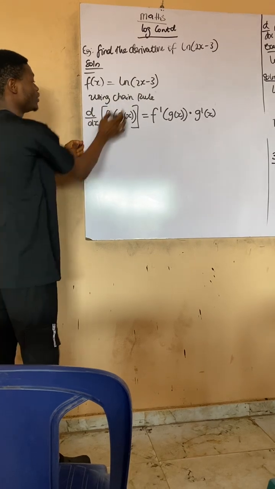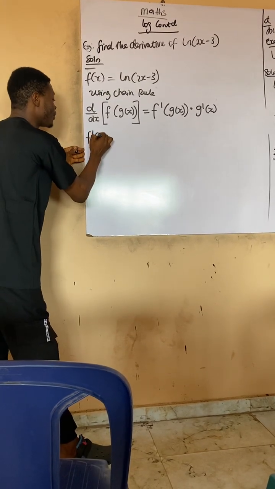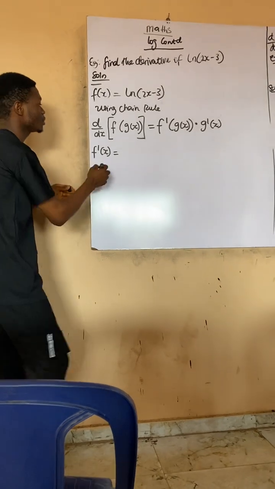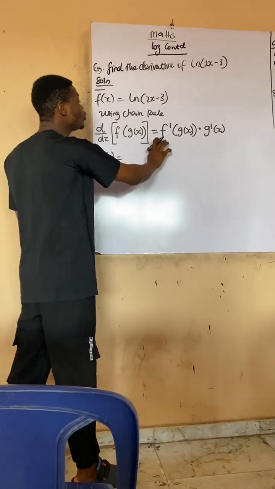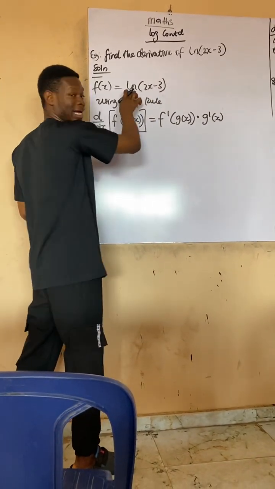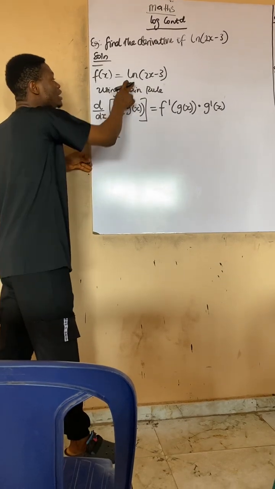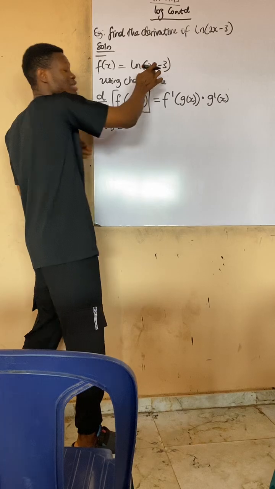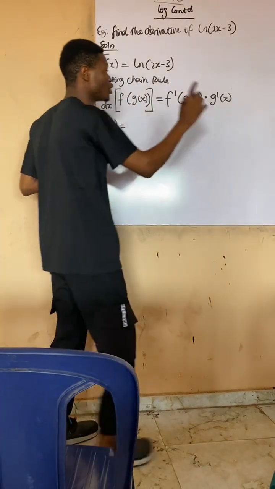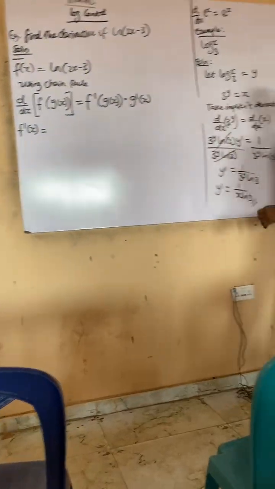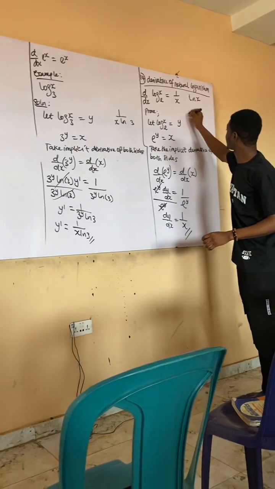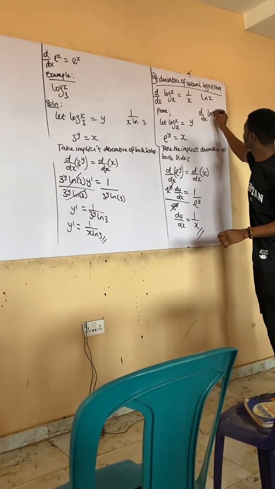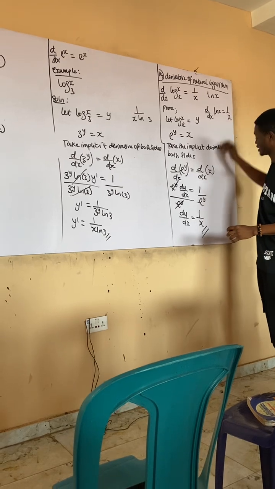Using this to differentiate, we are going to have f prime of x, which is the derivative of f of x, is equal to, now, which one is our f here? This ln, right? So the derivative of ln of this whole thing, just assume that is x, because from what we did here, we say that the derivative of ln of x is equal to 1 over x, right?